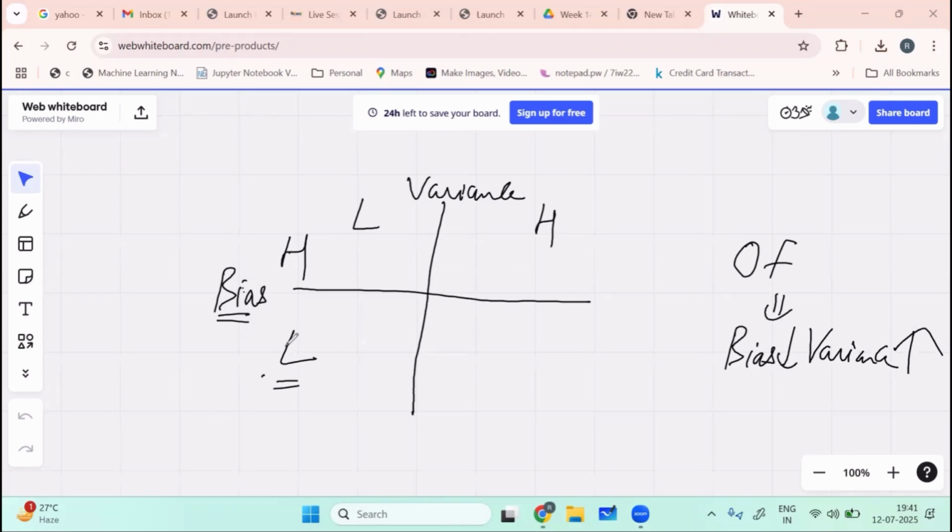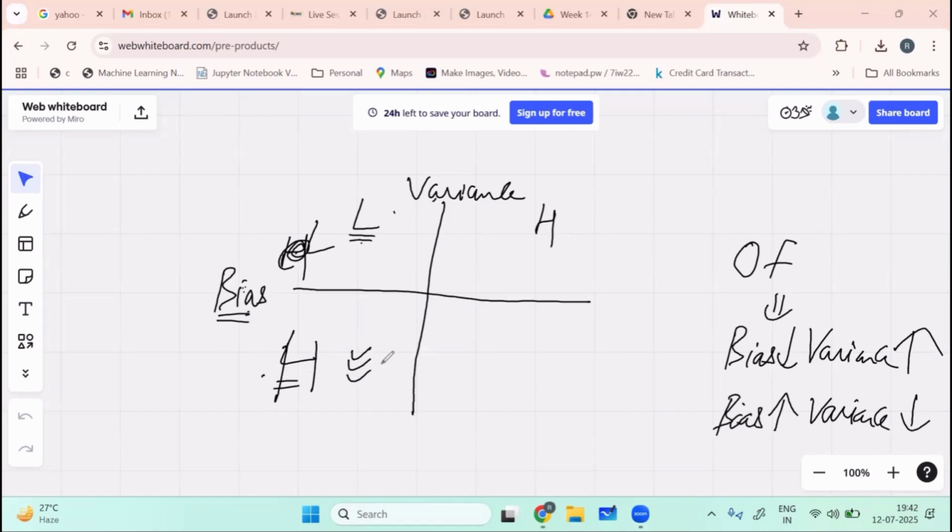Right? So ideally, I have to design like that. High and low, isn't it? So let's see, bias is low, variance is also low. It is also not a good fit. Underfitting is what? When bias is high and variance is low. So bias is high, variance is low in this case, right? This is my variance part, which is low.